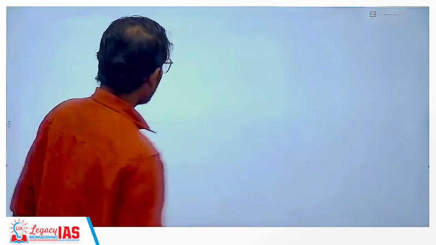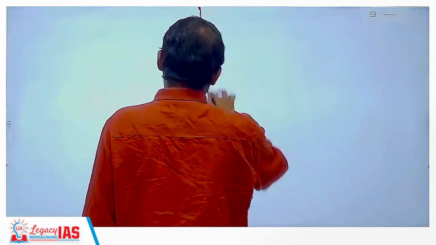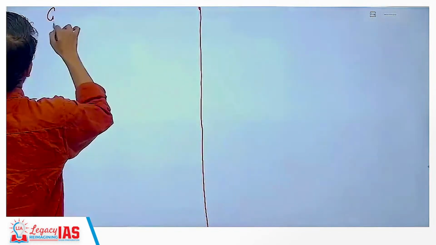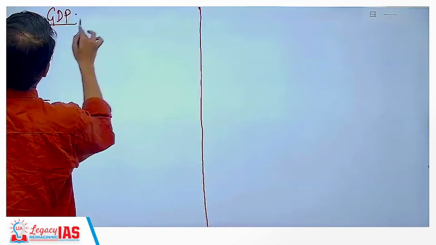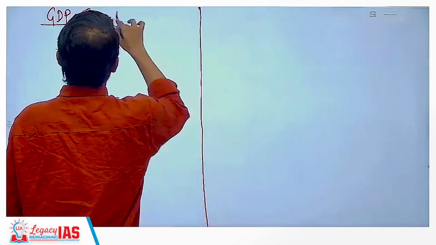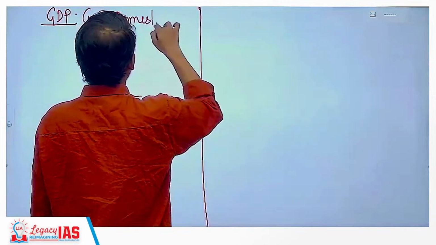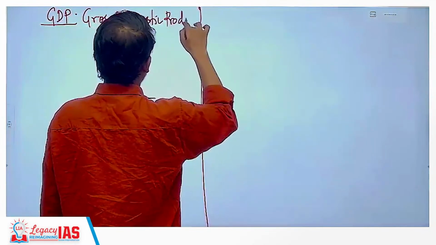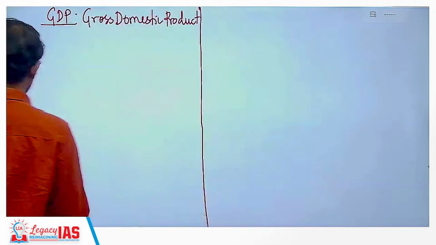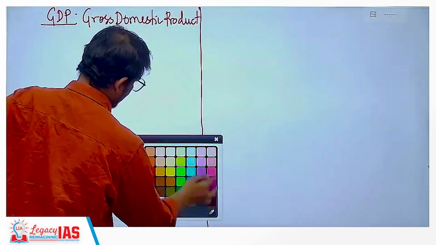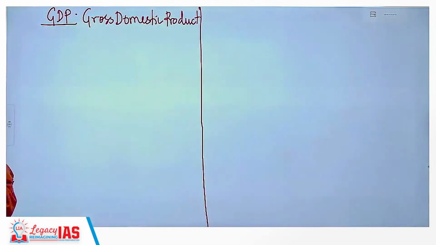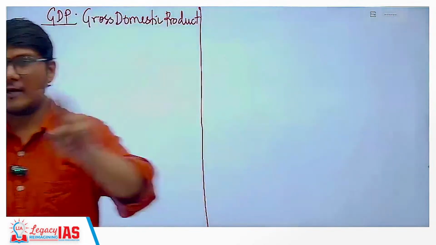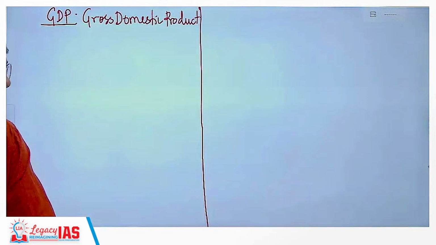ठीक है, so gross domestic product, this GDP will have two components. ठीक है, हमारी definition क्या थी?